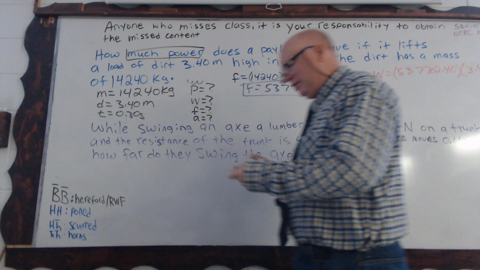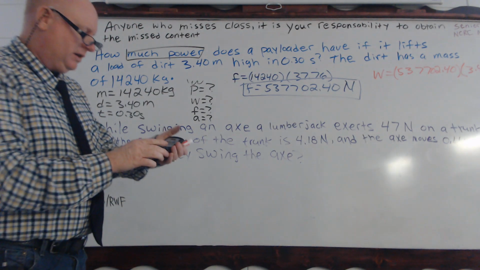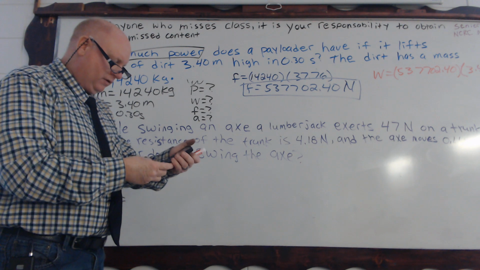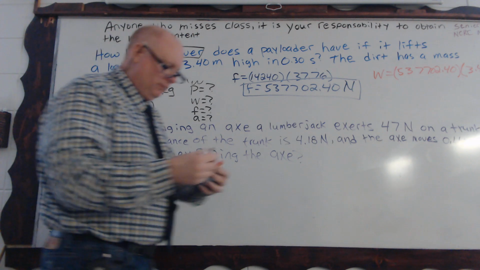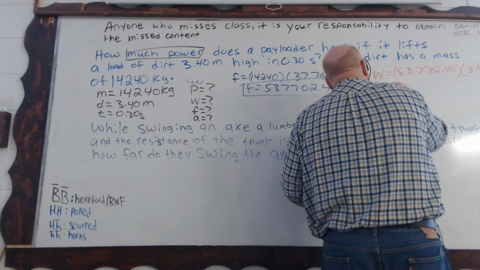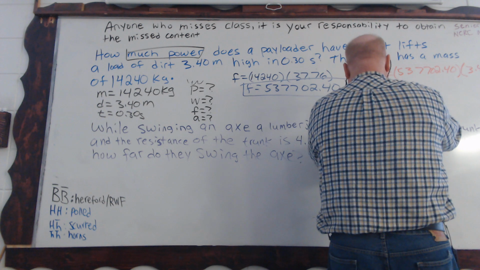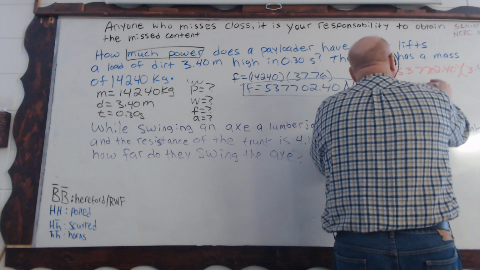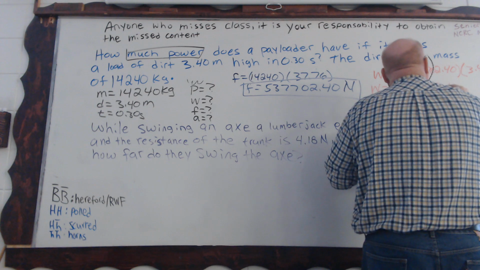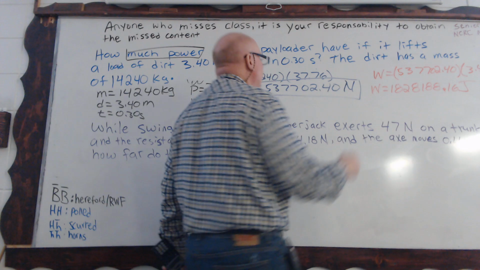Notice that these numbers continually get bigger and bigger and bigger. So we can take this number that we just calculated times 3.40. And rather than someone reading this off, you tell me if this is not correct. 182.8188.16 joules. Yeah. Okay?